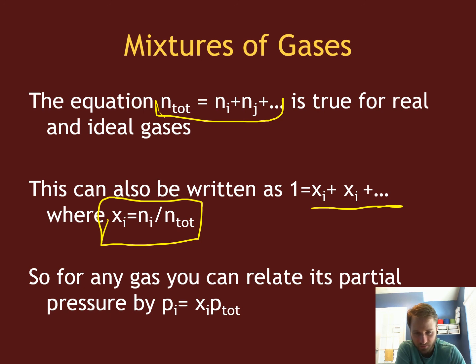And you can use the relationship of the mole fraction in the gas phase such that the partial pressure of i is just the mole fraction of i times the total pressure. And that is another way to relate the partial and total pressure of a gas in a mixture.